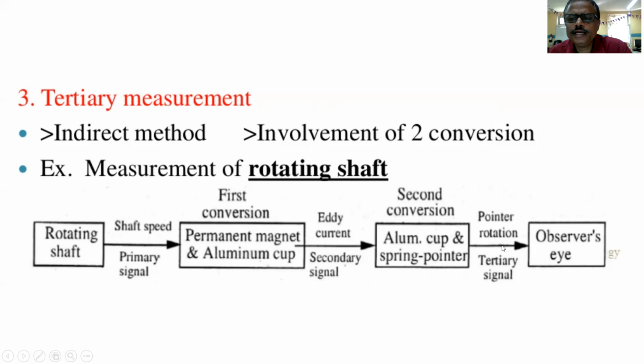Here you will get the rotation of the pointer. This is the tertiary signal. The tertiary signal is the signal that comes after two conversions, and finally that is recorded. The observer's eye means it is the record of the output. So there are different modes of measurement, namely the direct method of measurement and the indirect method of measurement.